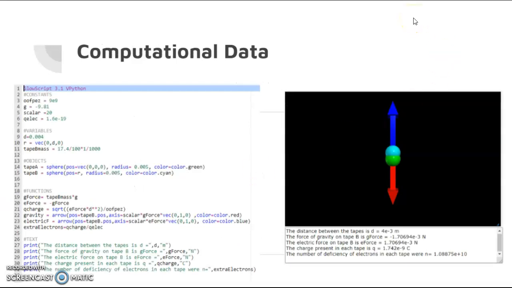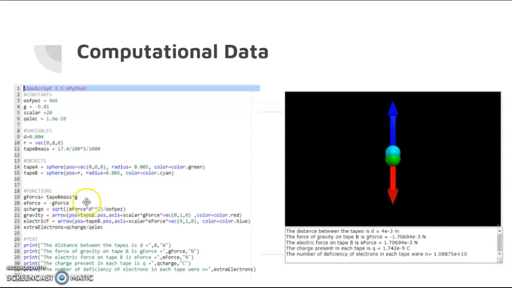Through GlowScript, we can see the same thing. Our distance is 0.004. You can see the mass of tape B. You see the two objects, tape B and tape A, and you can see that they're repelling. You can see our calculations here. For the force of gravity, you multiply the mass times gravity.